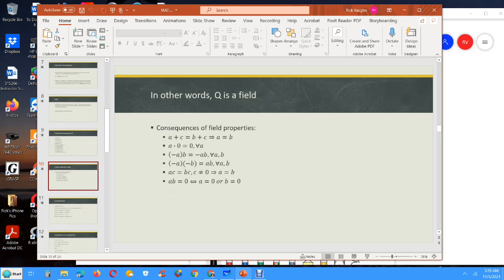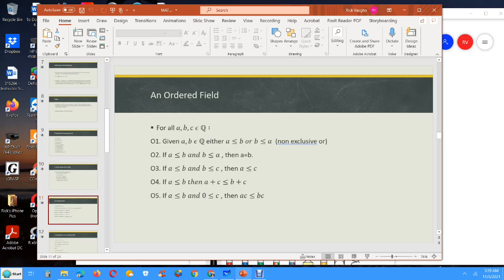And because it's a field, it has these properties: if a plus c is equal to b plus c, then you can subtract c from both sides and conclude that a is equal to b. This is what allows us to do algebra, a consequence of the field property. You just add the opposite of c on both sides and then use the associative property, which was in this list of things you can do to reach this conclusion.